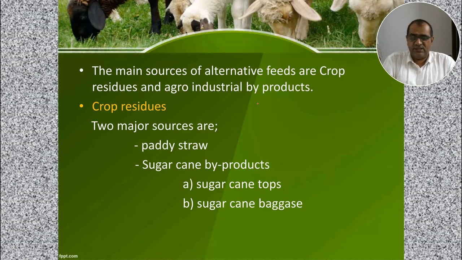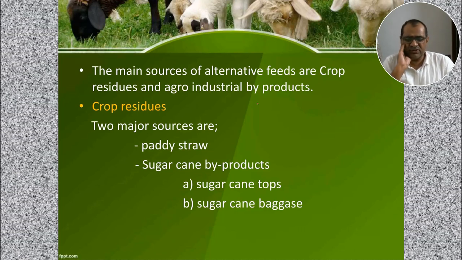Then sugar cane is also another product which can be used, such as dried sugar cane tops, and the bagasse, which is obtained after taking out the sugar content of sugar cane. That can be dried and used as a feed source.